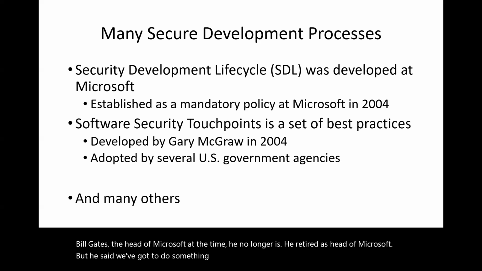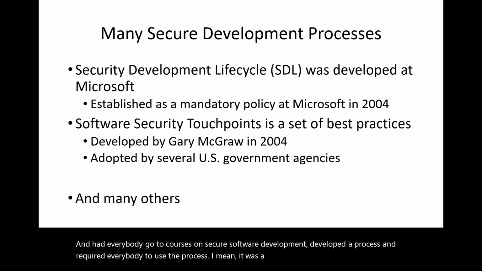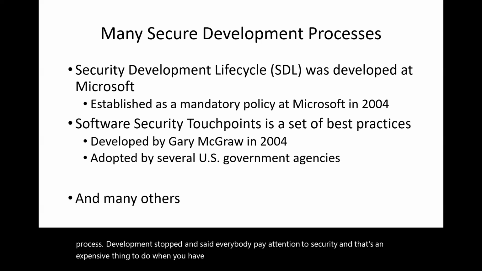So he stopped all development and had everybody go to courses on secure software development, developed a process and required everybody to use the process. It was a major stop of the company. Everybody stopped and paid attention to security. That's an expensive thing to do when you have thousands of employees and you all of a sudden stop them from working, but he did it because you had to do something.